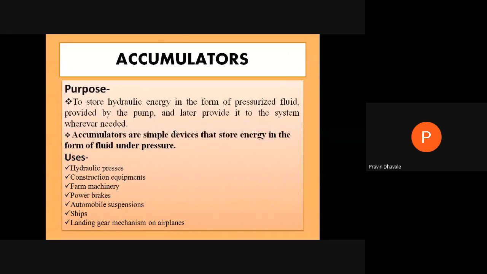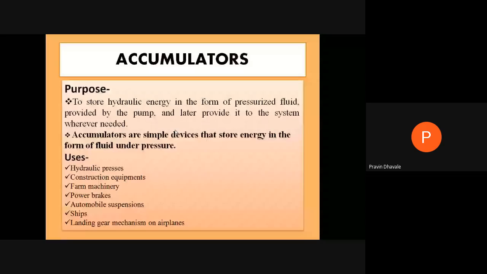Means the purpose of the accumulator is to store the hydraulic energy in the form of pressurized fluid coming from the pump, and supply that pressurized fluid to the system when the system needs it for a particular period of time.